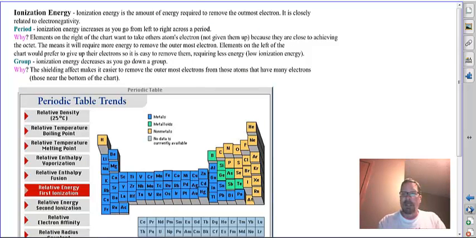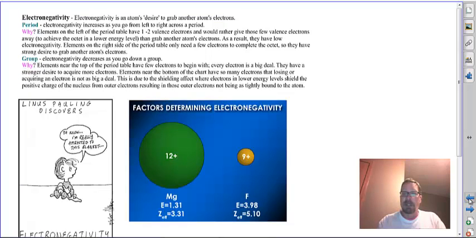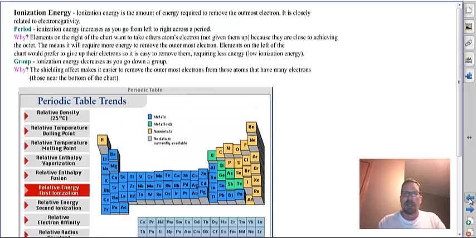Ionization energy and what we're going to talk about next, electronegativity, really go hand in hand. They're two sides of a coin. Ionization energy just says how much energy it would take to remove an electron. Well, down here in the metal end with very large atomic radii, it's not going to be that hard to remove an electron, because the nucleus is farther and farther away with francium.